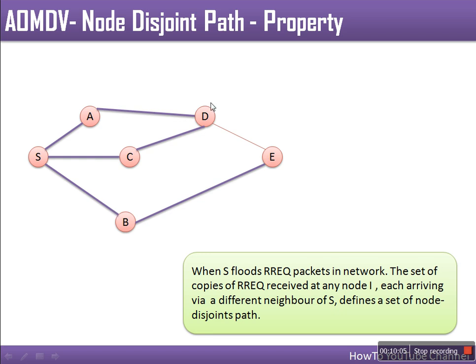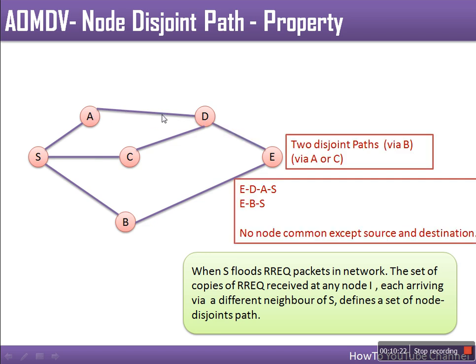So it can either broadcast the first route request packet coming from A, or forward the other packet coming via C. Let's say it is forwarding this one, from A. So D will send a route request query packet to E, and E will receive two route request packets.